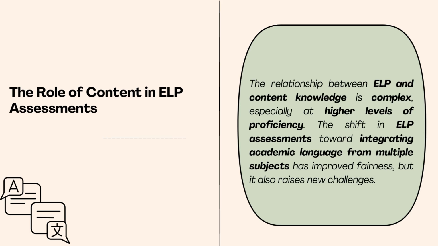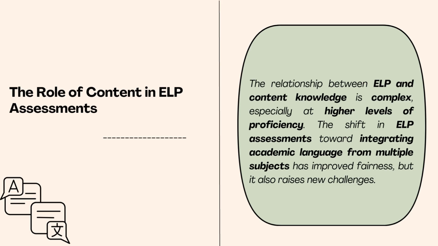Now we have the role of content in English language proficiency assessment. So this study focused on the lower proficiency students, where domain-general language was more important, but for the higher proficiency students, domain-specific language played a bigger role, which suggests that as students become more proficient in English, their content knowledge mixes up with their own language.